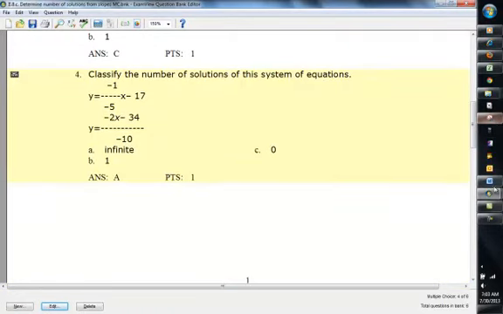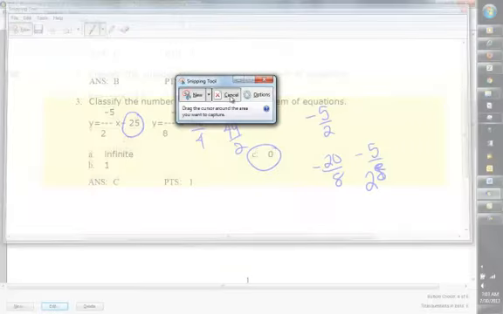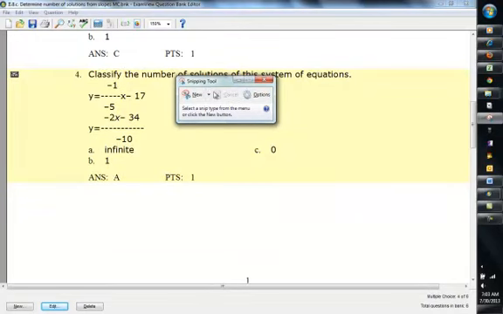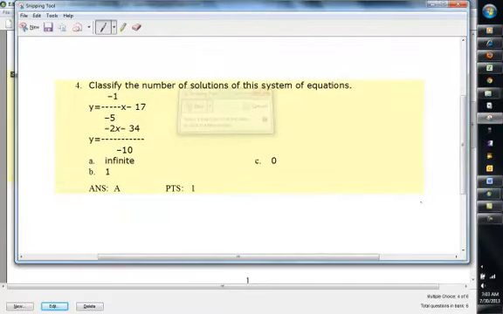Classify these equations. In the first case, the slope is 1/5, and in the second case, the slope is negative 2/10, which is negative 2 over negative 10, which is 1/5 also. So the slope is the same.